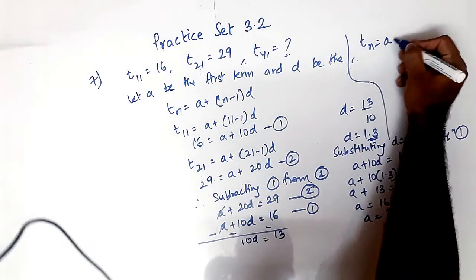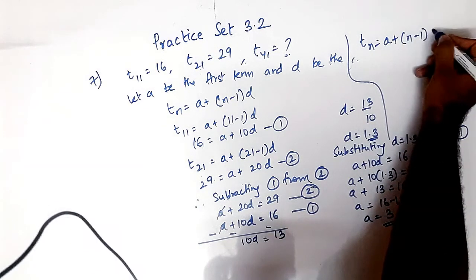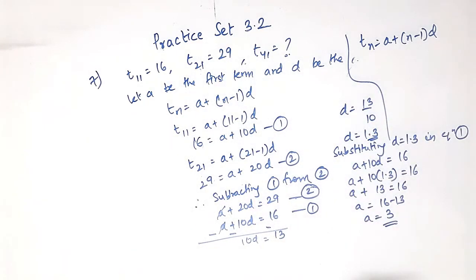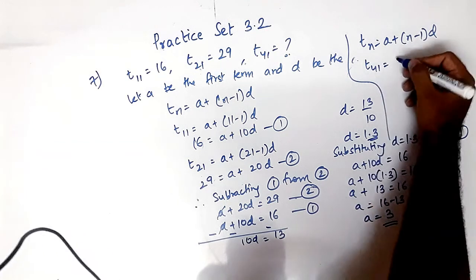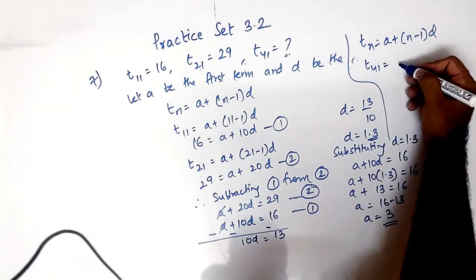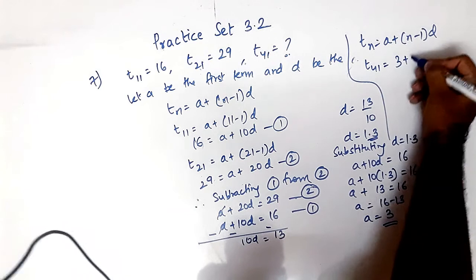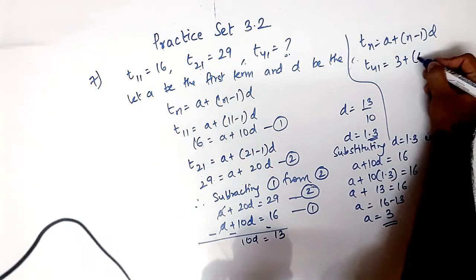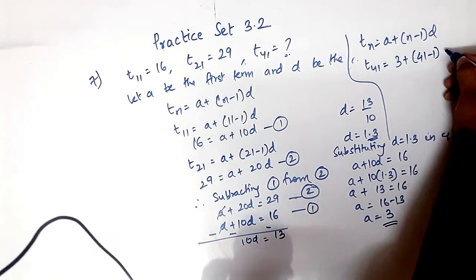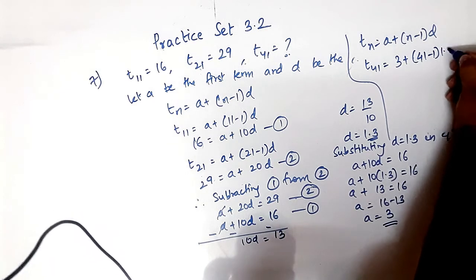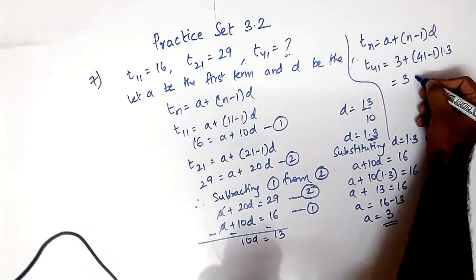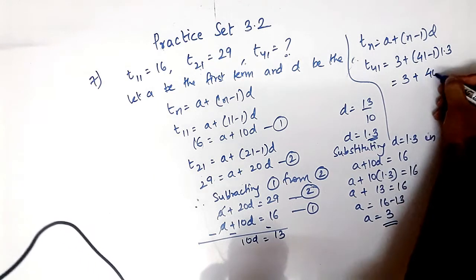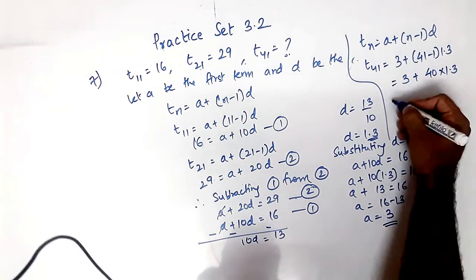Okay, I am just writing it here. Tn is equal to a plus n minus 1 into d. This is the general formula for the nth term. So T41 is equal to a. What is a? a is 3 plus what is n? n is 41 minus 1 into d. d is how much? 1.3. 3 plus this is 40 into 1.3.